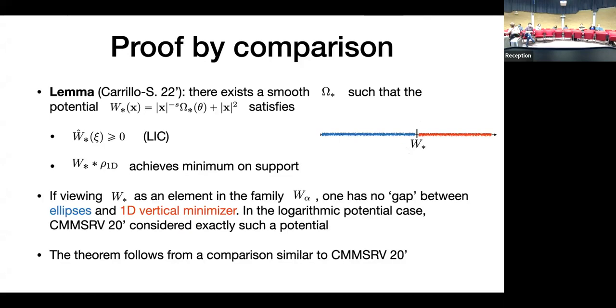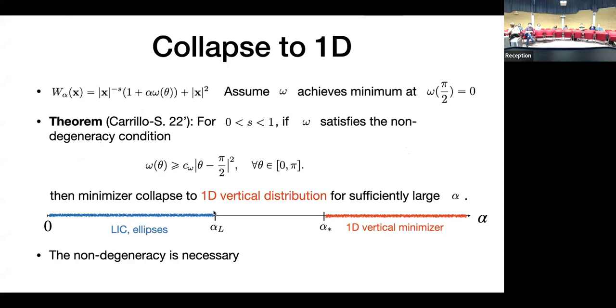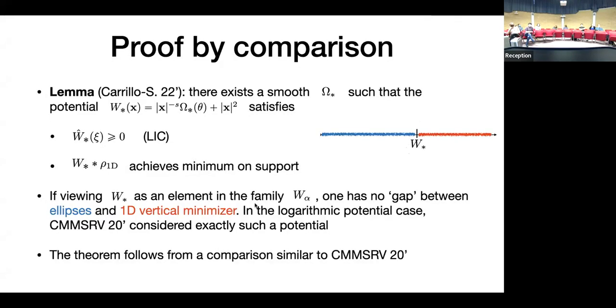So for general little omega, this collapse might not be true at exactly alpha L, but we can compare with some other profile for which this is true. So the main point is that as long as, for general similarity S, we can construct such a profile omega star to compare with, then the whole comparison argument becomes straightforward.